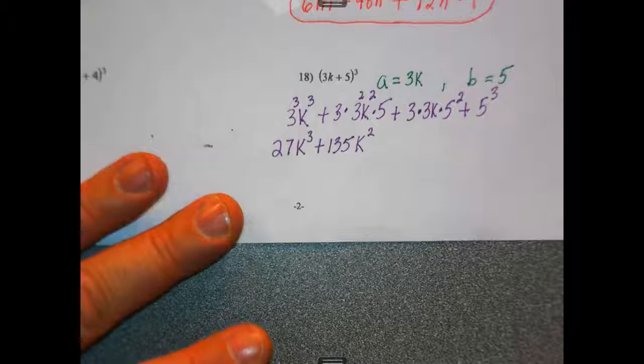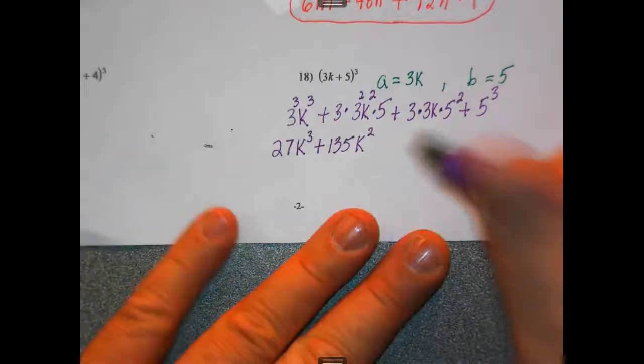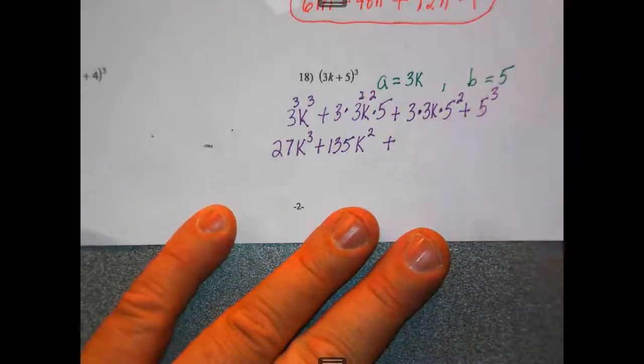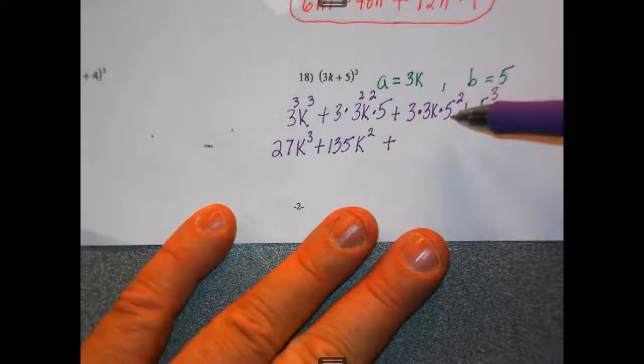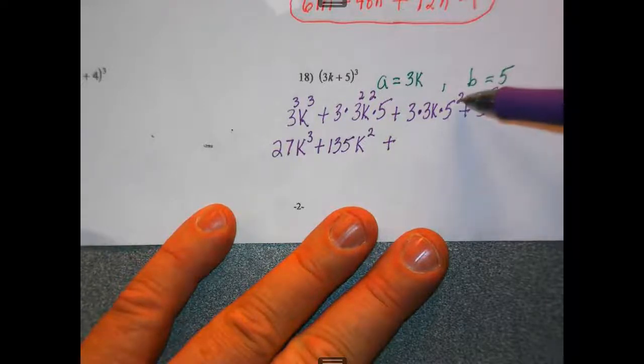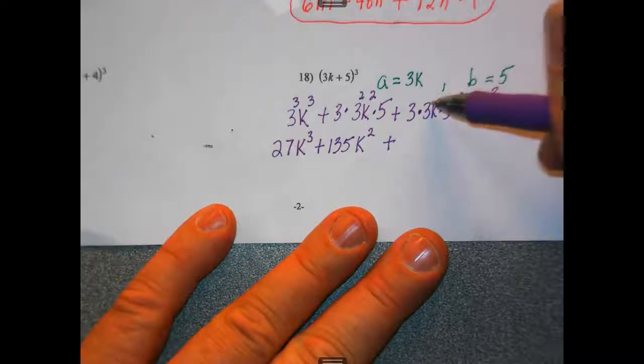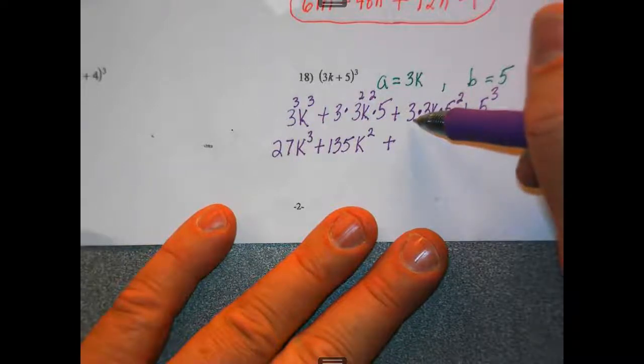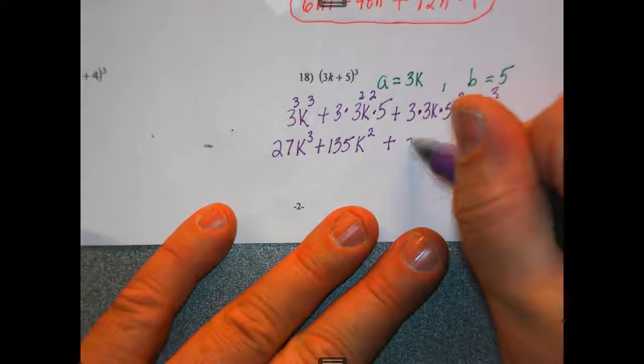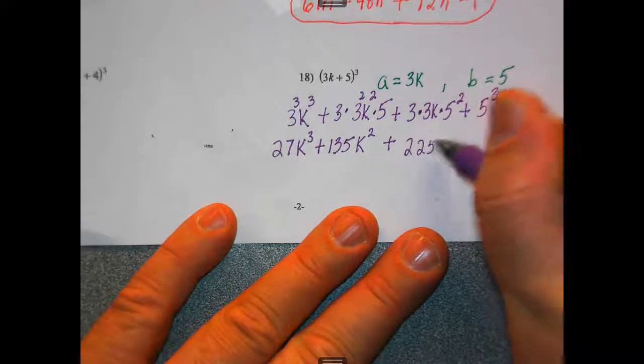Okay, that's that term. Plus 5 squared is 25, times 3 is 75, times 3 is going to be 225.